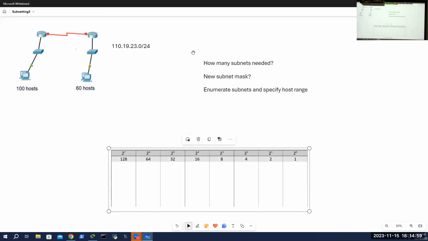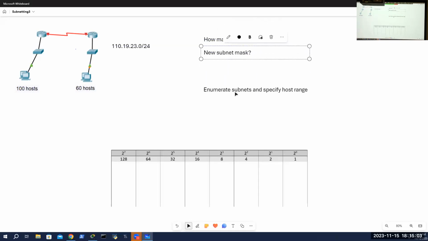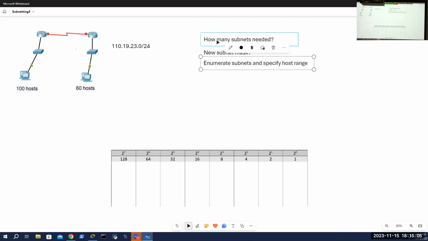Same stuff, same problem for the most part. But what's different here is, first off, how many subnets do we need? We'll work through this one together. How many subnets do we need to accommodate this network?